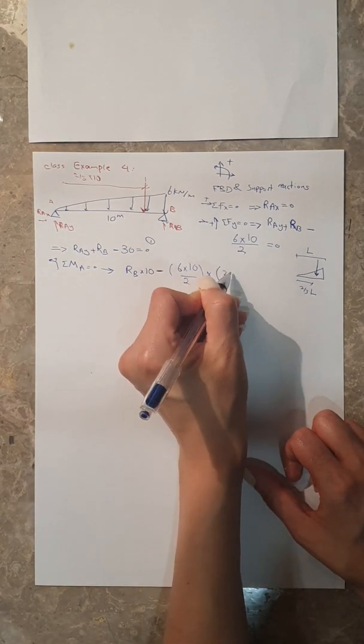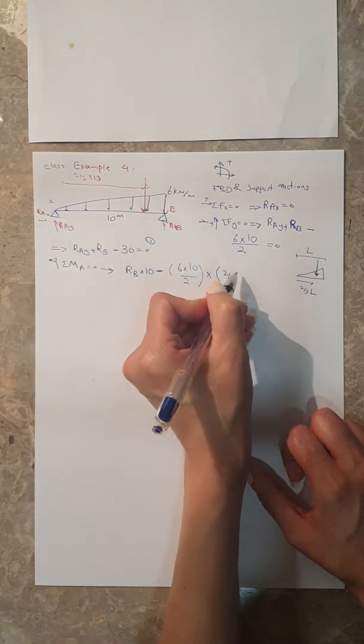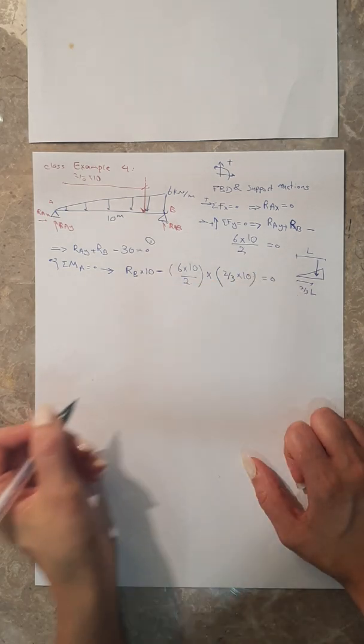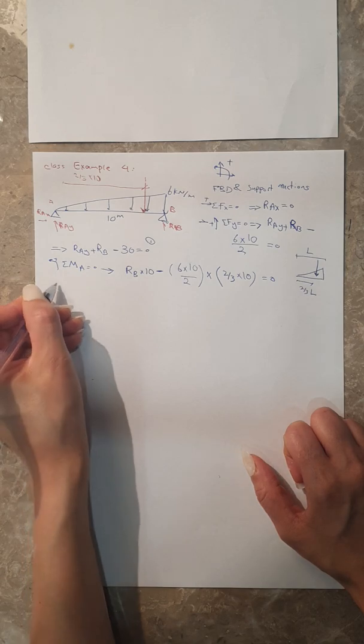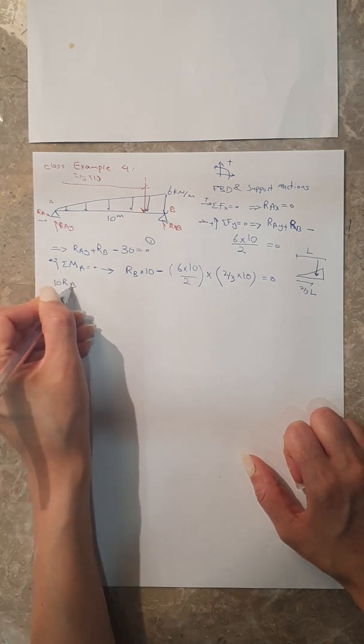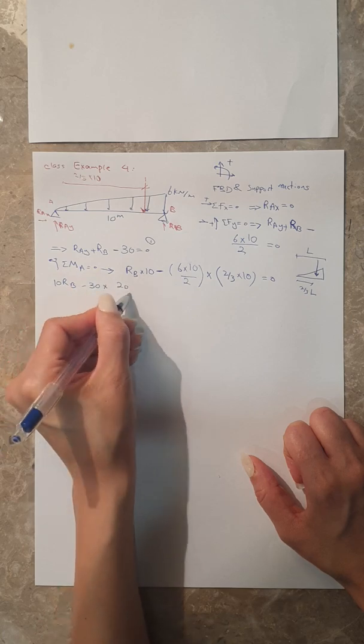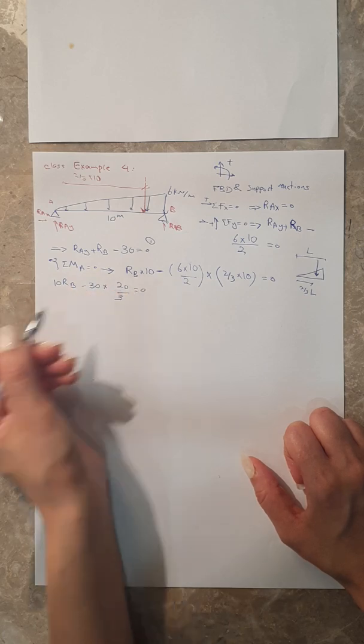Therefore, the distance would be 2/3 of the 10 that we have here, and it would be equal to 0. Therefore, 10 RB minus 30 times 20 over 3 would be equal to 0.